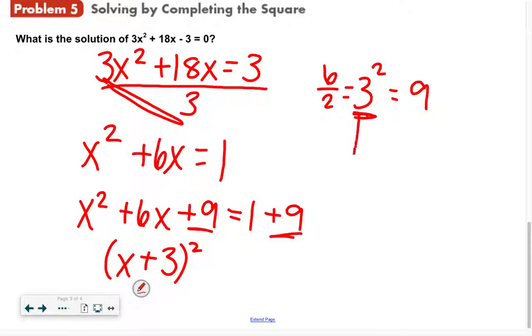So this 3, if you don't want to think too hard, that's what goes in the back of our parentheses. Don't forget your square. And then, like Hayden said, I got equals 10.